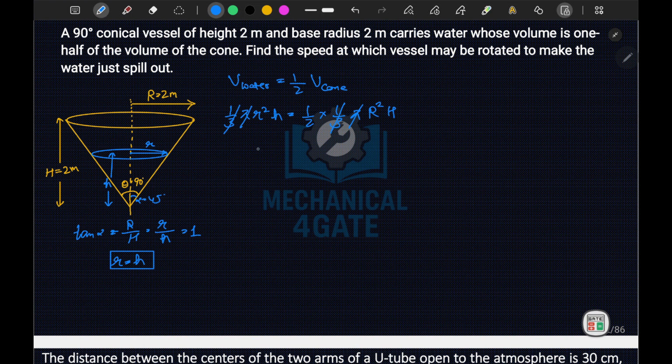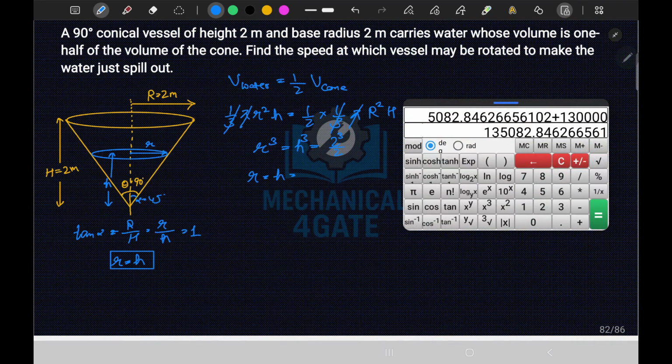So from here I can say that r cube is equal to h cube is equal to 2 cube divided by 2. So your r is equal to h is equal to cube root of 4. I hope you get this point here.